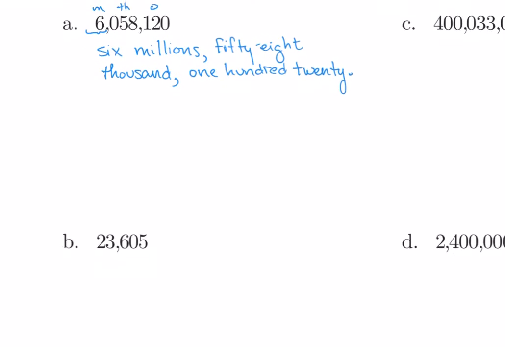All right, let's go ahead and look at some more examples. Let's look at example B. If we start on the left, up to the comma, this is 23. We include the period name, 1,000, and a comma.